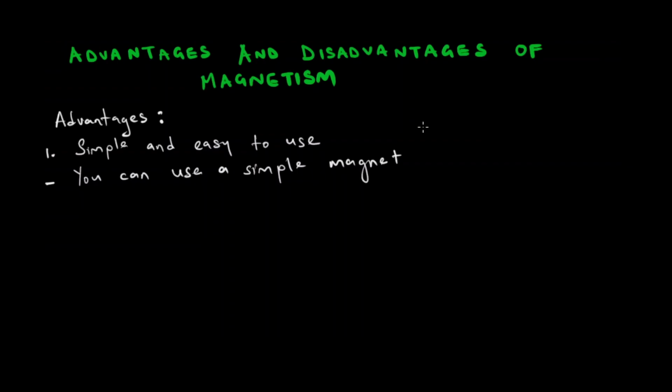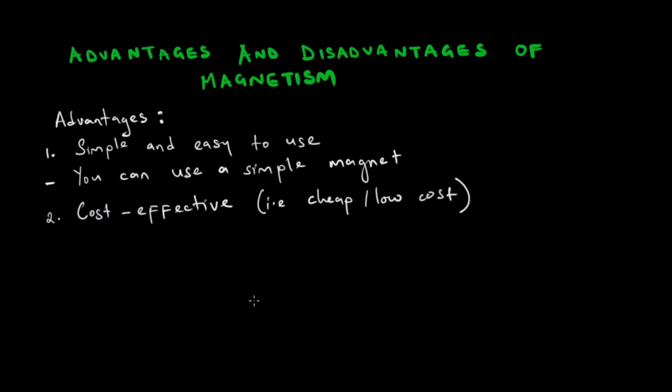And because it's simple and easy to use, this can take us to our second advantage. It's cost effective. Whenever something is cost effective, you should elaborate. It means it is what? Cheap, or it has a low cost. That is what cost effective refers to.